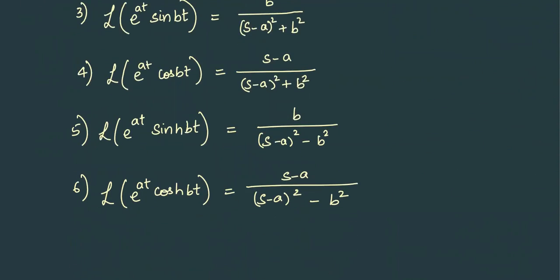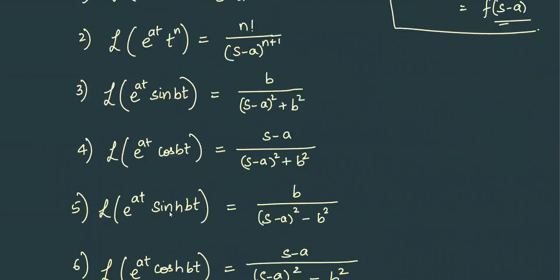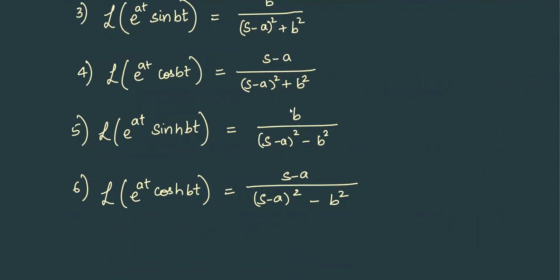So this is called the S shifting property. That means the function has shifted from s to s minus a.